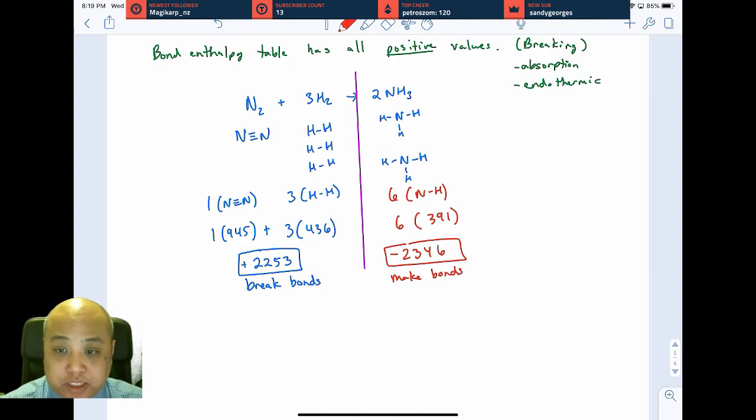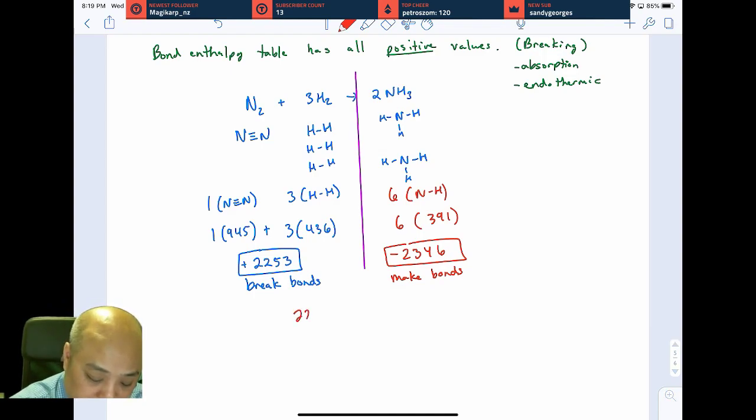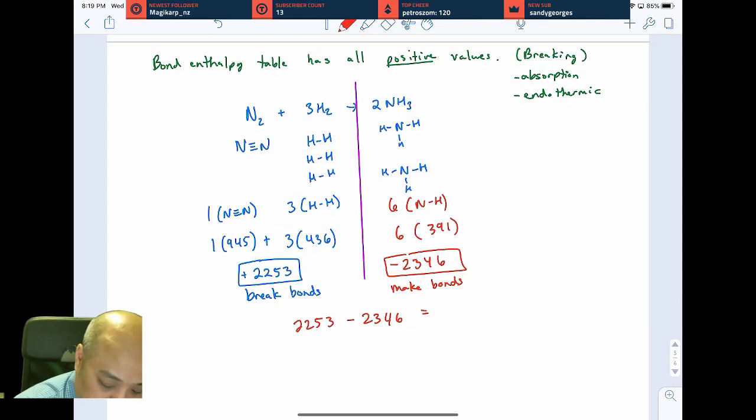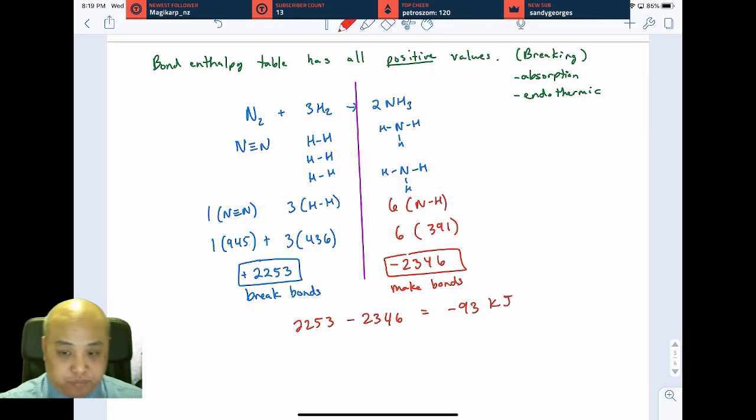That potential energy is being released because you don't need it anymore. And so what it ends up being is 2253 minus 2346. And that is negative 93 kilojoules for your reaction here.